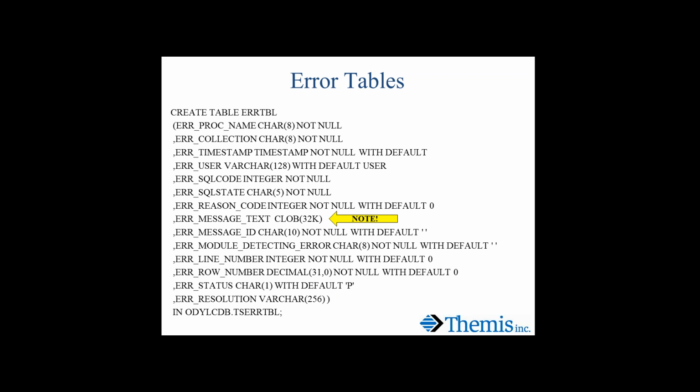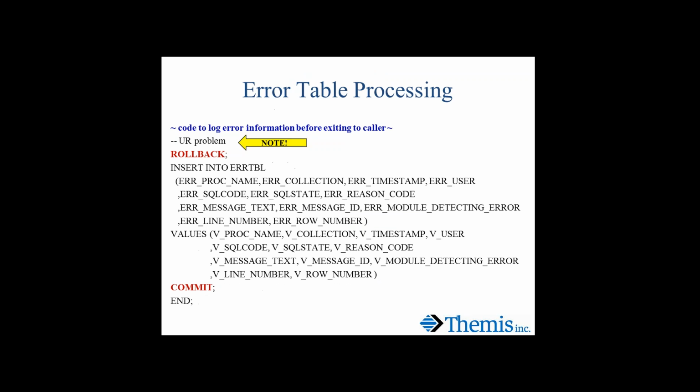When they take action, they'd update this table and update the resolution to be, for example, if I had a -904, the resolution might be, oh, it was left in a pending status, so we started the table space. And in the status, we would update to resolved, R. So have it where errors can be logged and also responded to. So we keep a scenario of our processing statuses. So some kind of an error table that fits yours.